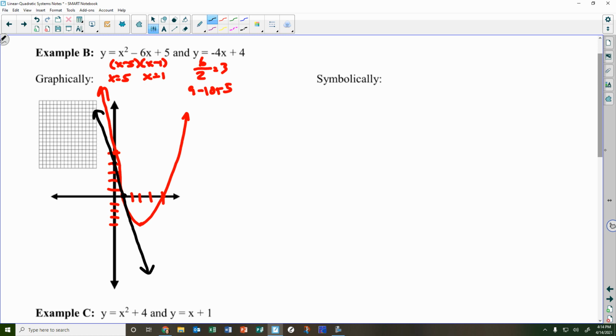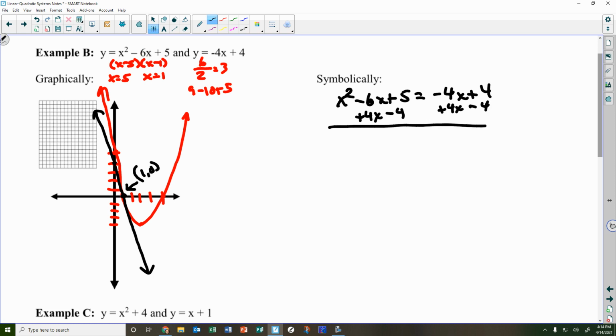So let's test it symbolically to make sure, because that 1 point right now looks to be 1, 0. So symbolically, set them equal to each other. That's the best way to check things, or even sometimes the best way to solve it if they'd like to give you a choice. So add the 4x to both sides, subtract the 4 to both sides. X squared minus 2x plus 1.